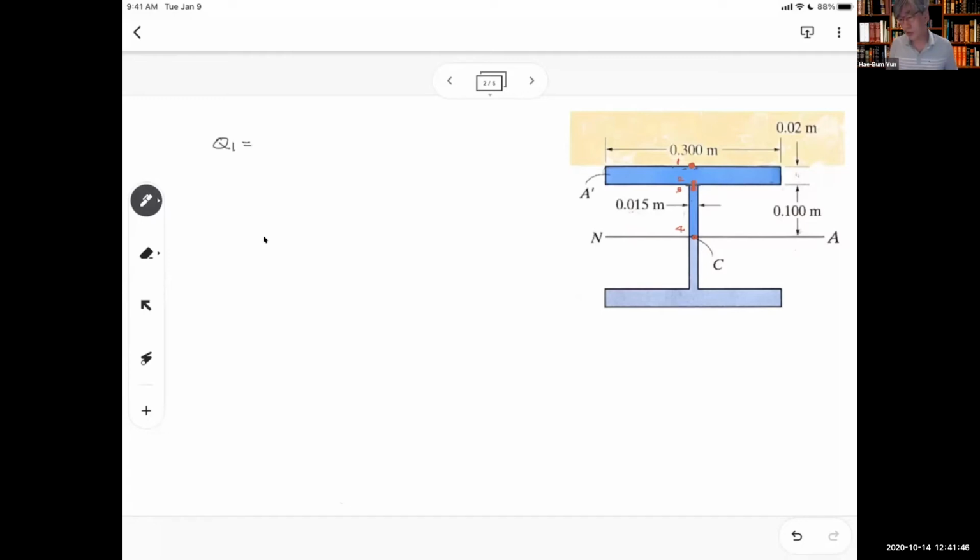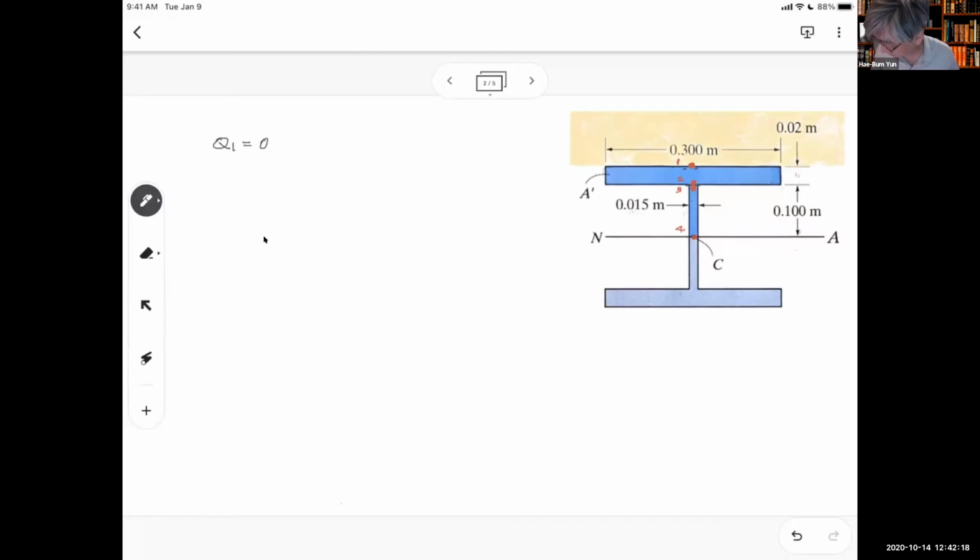What is Q1? We will start from Q1, from the top. Without calculating this, you already know the answer. What is Q1? 0. That's correct. Because Q is area times the distance, right? But the area at the top is 0. Very simple.